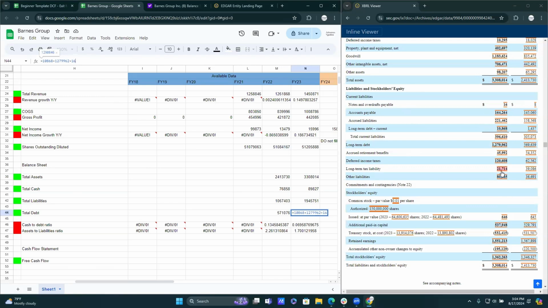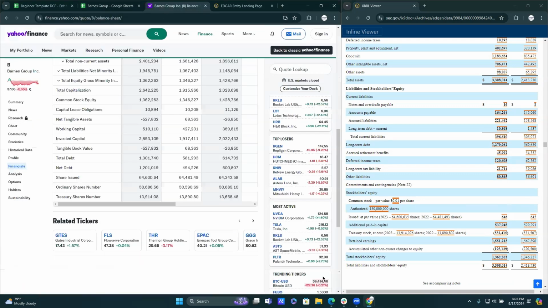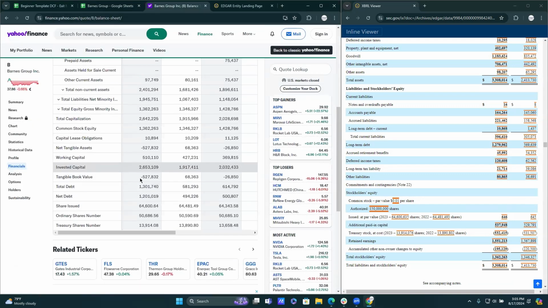This one, long-term equity, 646. I mean, sometimes Yahoo's wrong. If I can't find the data here, then Yahoo might be wrong. Doesn't look like it can. I'm not sure what they're assuming is also total debt. They actually could be wrong on this.